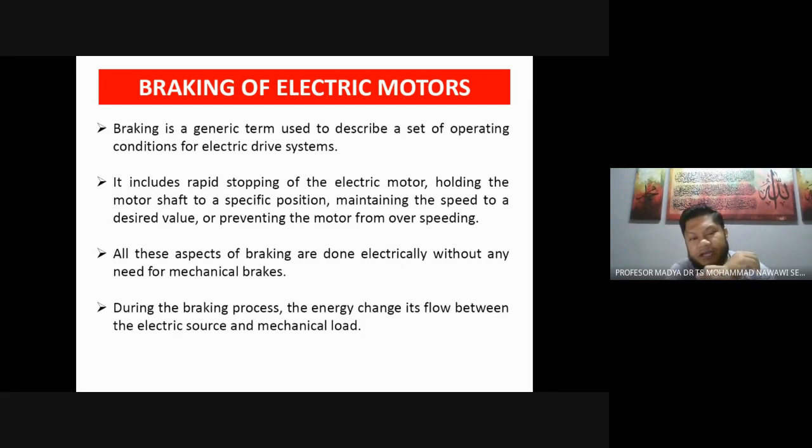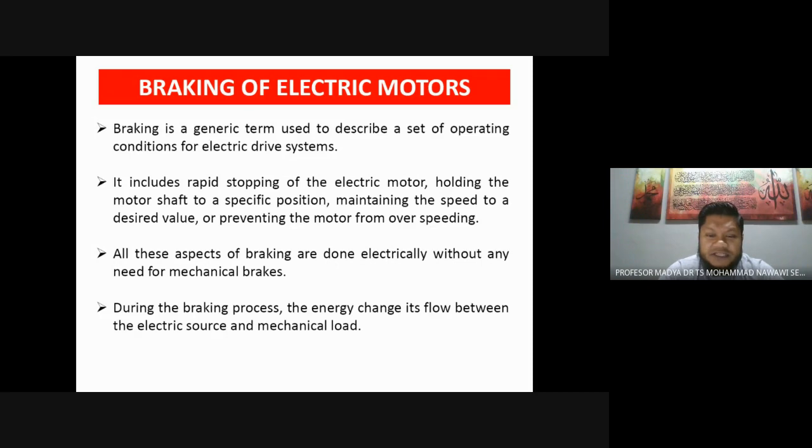So you have to apply the brake so that it will slow down the car from going over speed. And all these aspects of braking are done electrically without any need for mechanical brake. As I mentioned just now, there are no mechanical brakes that you need to apply for the motor. And this is electric braking of the motor.